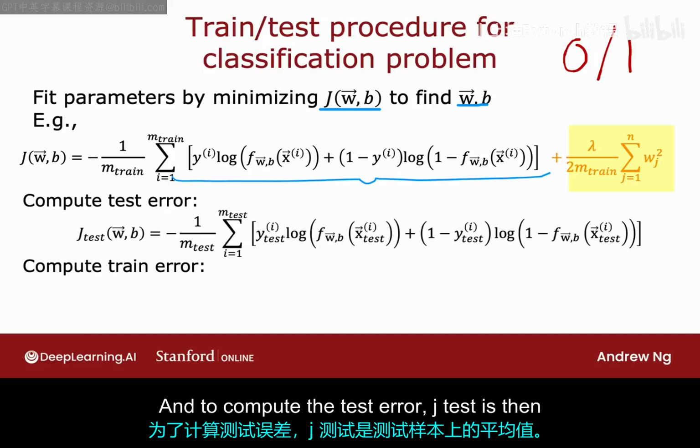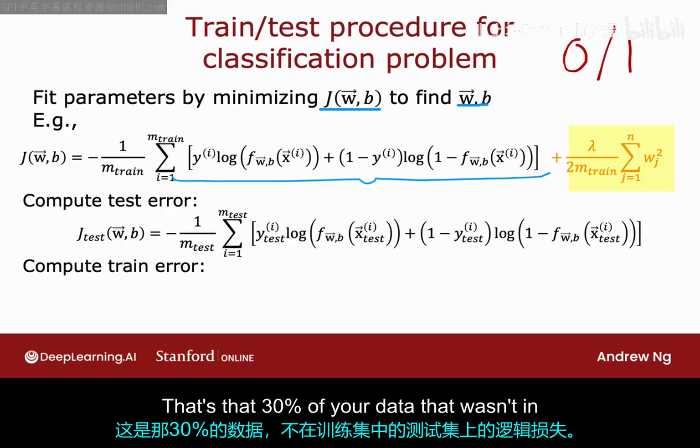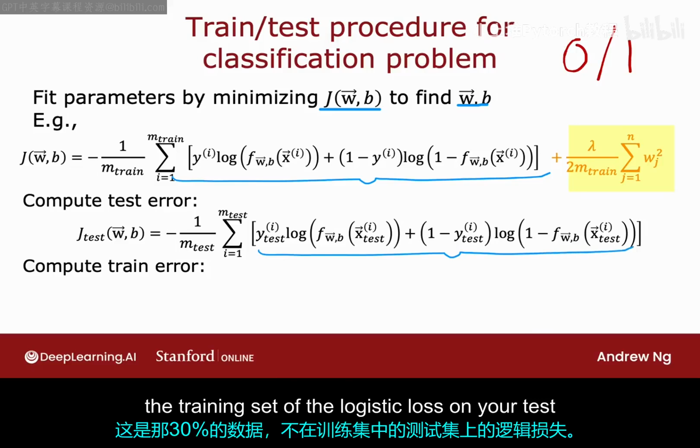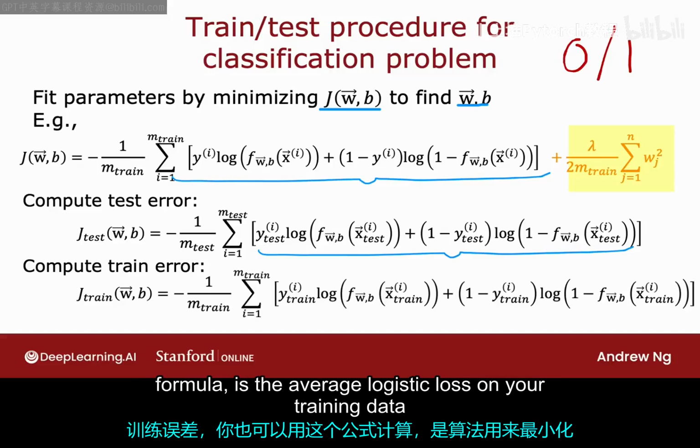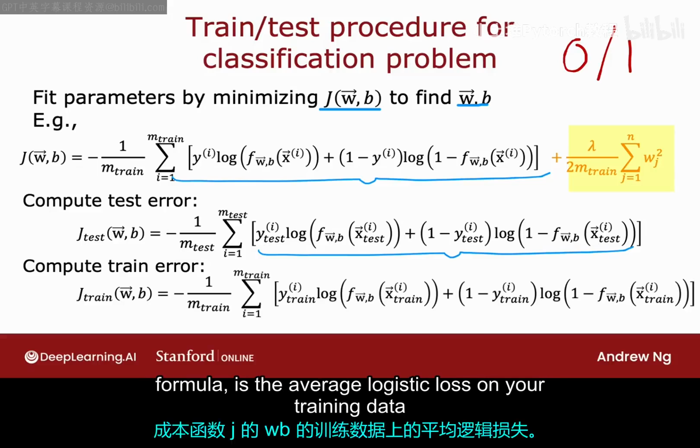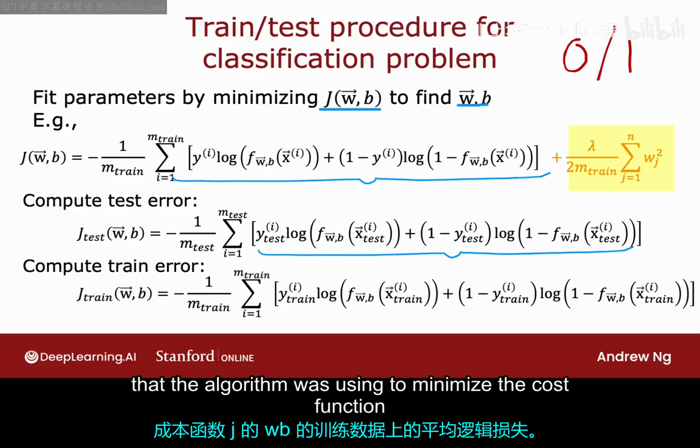And to compute the test error, J-test is then the average over your test examples, that 30% of your data that wasn't in the training set, of the logistic loss on your test set. And the training error you can also compute using this formula. It is the average logistic loss on your training data that the algorithm was using to minimize the cost function J of W, B.